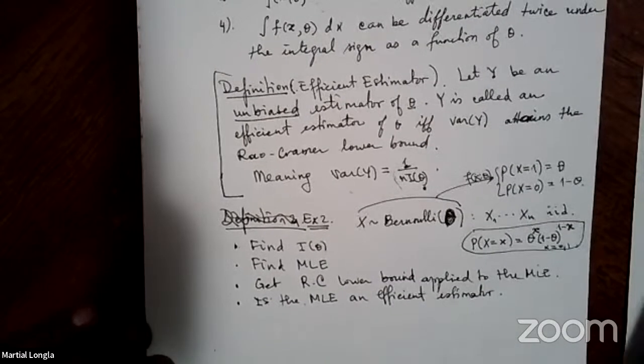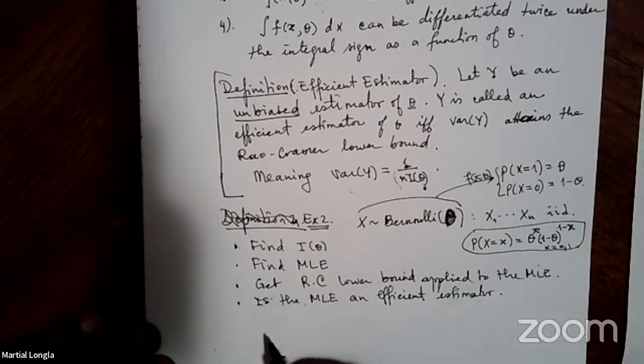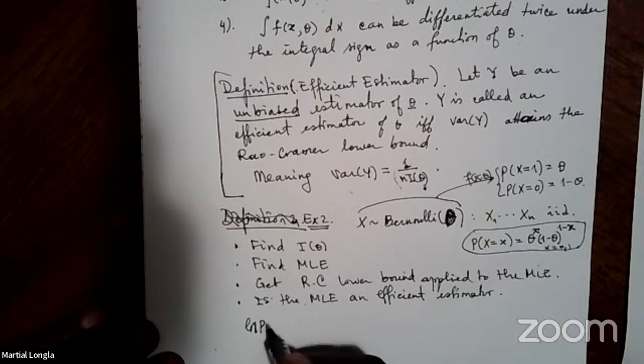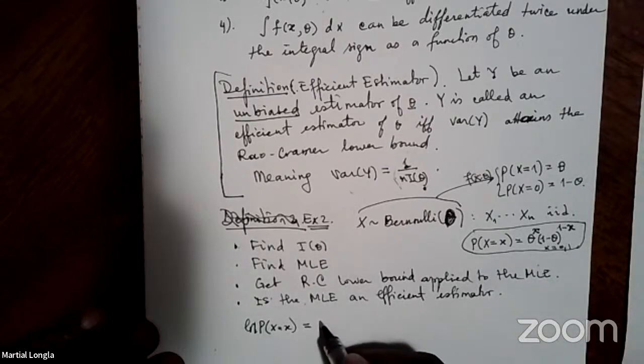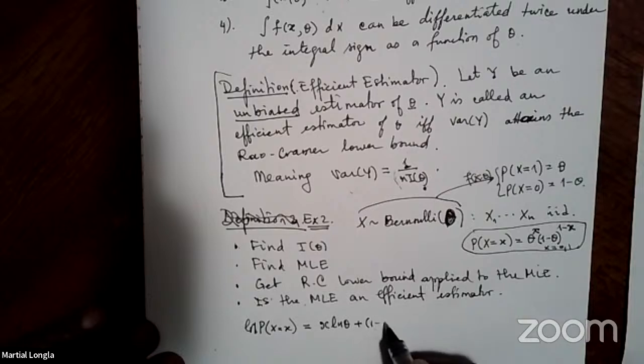We can take the log of that function, take the derivative of it, and then take the expectation. Correct. So the natural log of P of X equals x is x ln of theta plus 1 minus x ln of 1 minus theta.